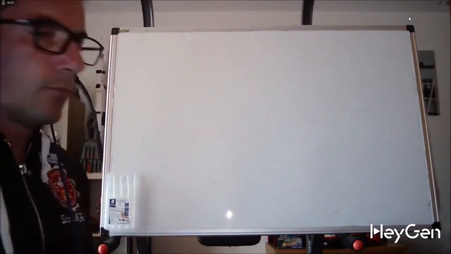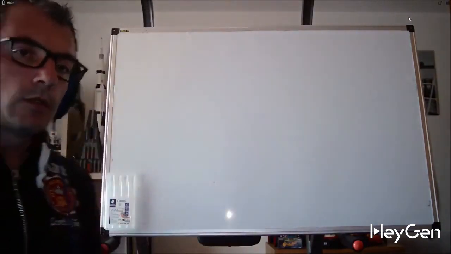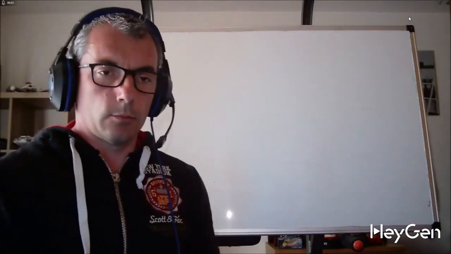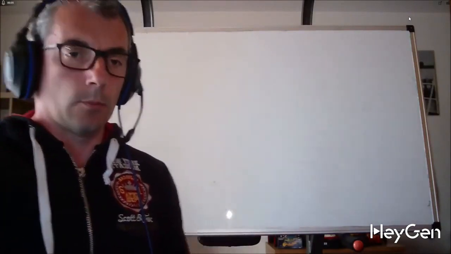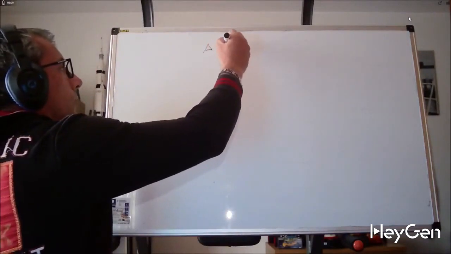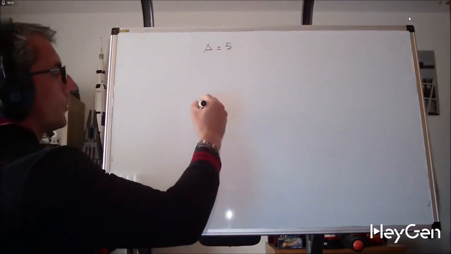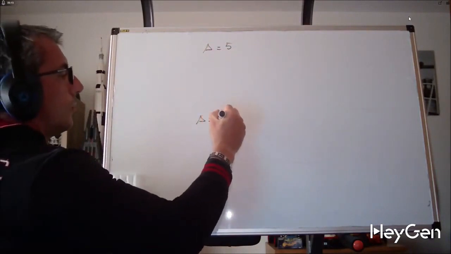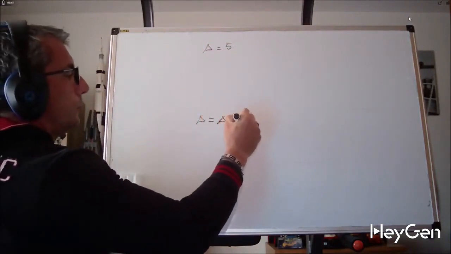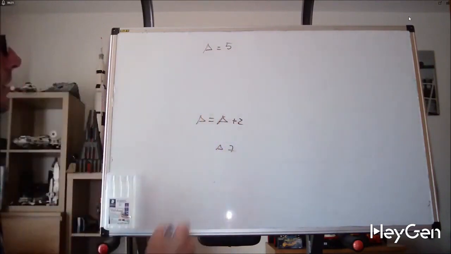Variables can be used as both values and logical operators, which means mathematical operations. For instance, a can equal 5, and during the program I can write a equals a plus 2, and therefore a will become 7.